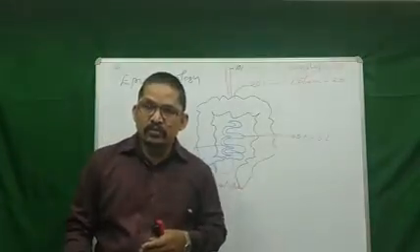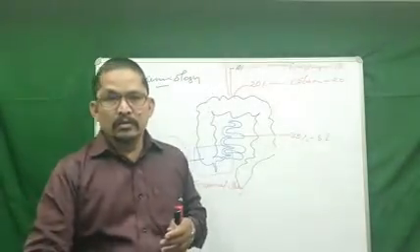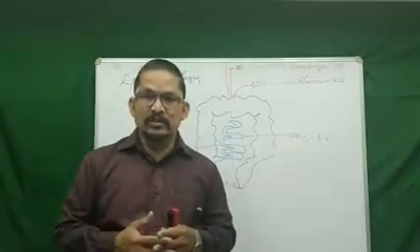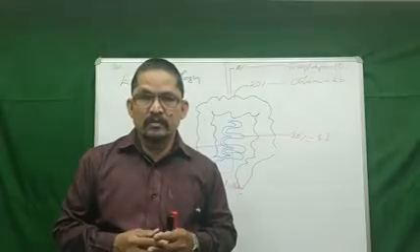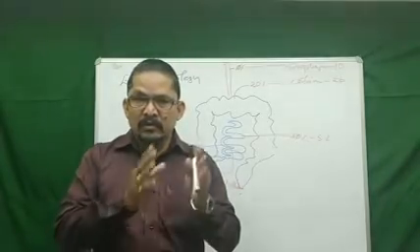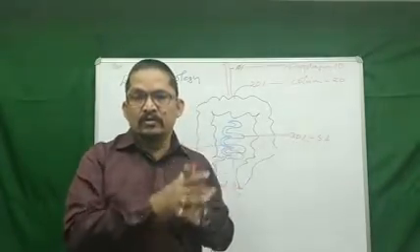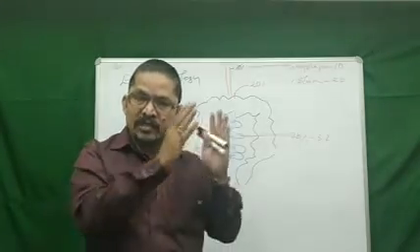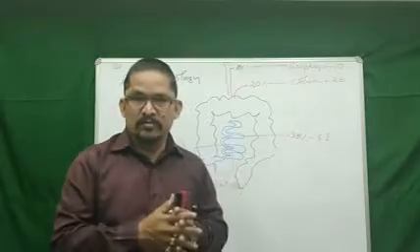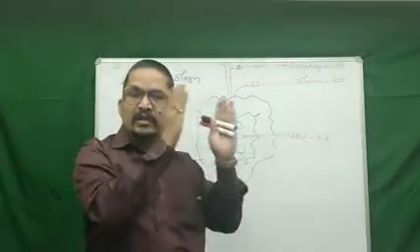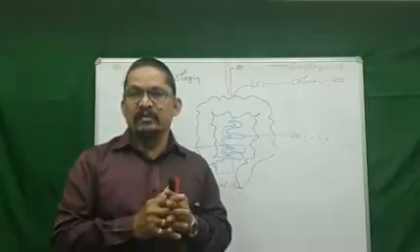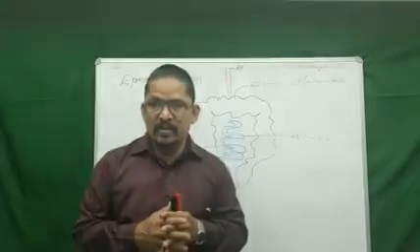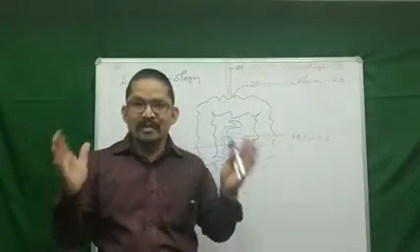Next, we have to study the presentation of a patient with Crohn's disease. Even if patients are diagnosed as having Crohn's disease, they will have their own symptoms. That means each individual has a separate set of symptoms. That means no two patients have the same set of symptoms.